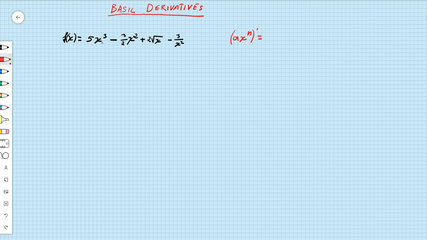Okay, so yeah, that's the first formula.